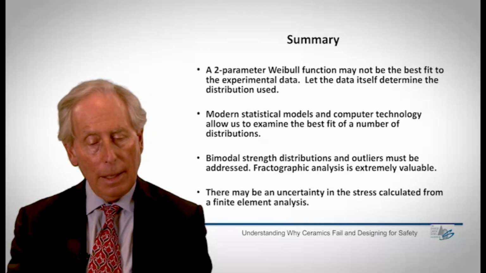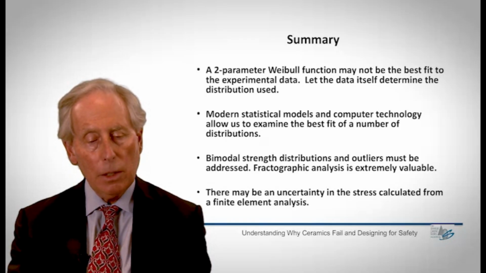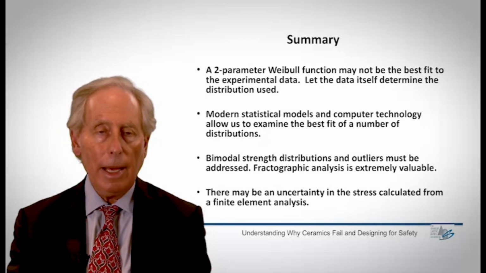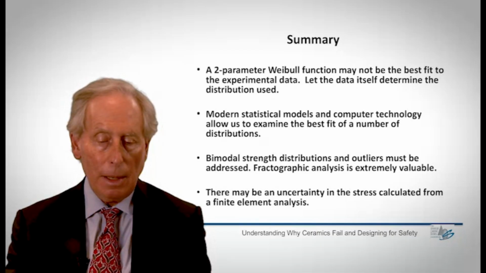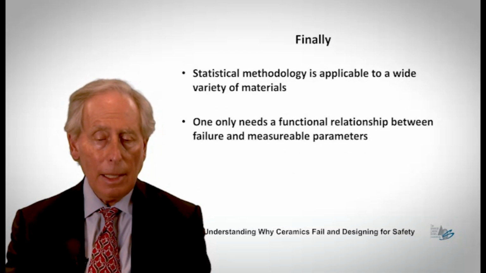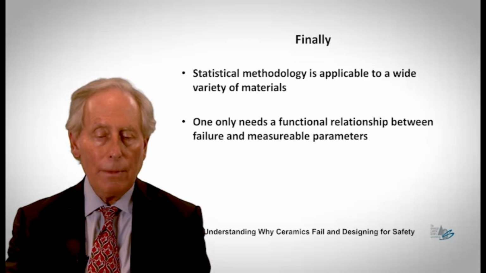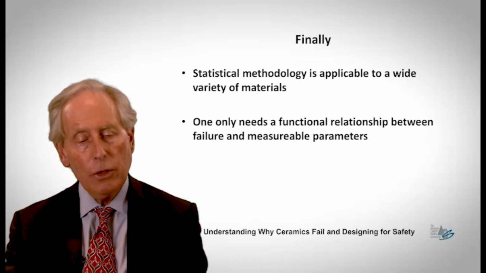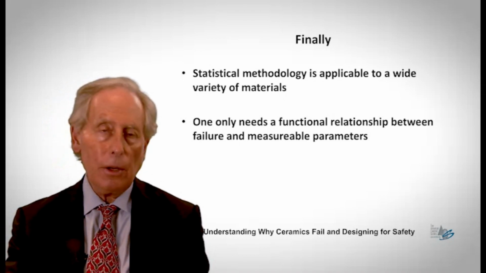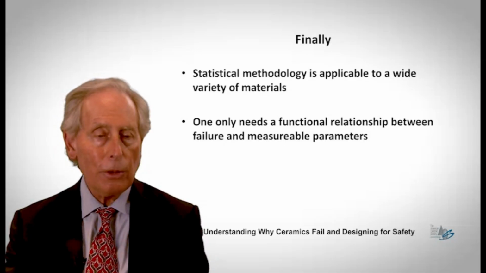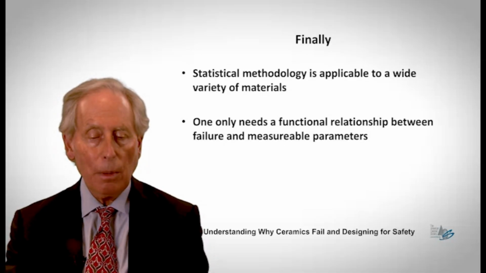And another point, I talked about finite element analysis as being a rigid number, but there can be uncertainties in the finite element analysis as well that you have to be cautious about. Any uncertainty in this will lead to further uncertainty in my predictions of time to failure. And then finally, this kind of statistical methodology is applicable to a wide variety of materials. In fact, it's more than just ceramics. You only need some functional relationship between failure, which doesn't have to be fracture, it could be electrical failure, something of this sort, and measurable parameters.